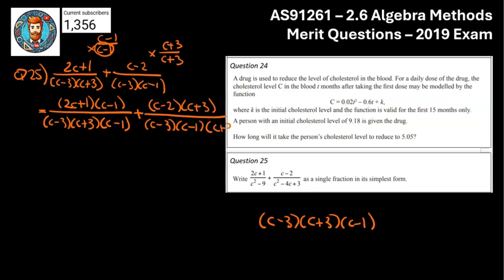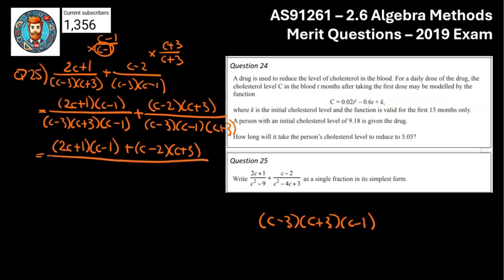And this is exactly what I'm aiming for because now my denominator, even though they're in a different order, has the exact same brackets everywhere. So I can merge these as a single fraction now. So it's going to be numerator plus numerator on the top over my common denominator. So it's going to be (2c plus 1)(c minus 1), and then we're going to add on (c minus 2)(c plus 3).